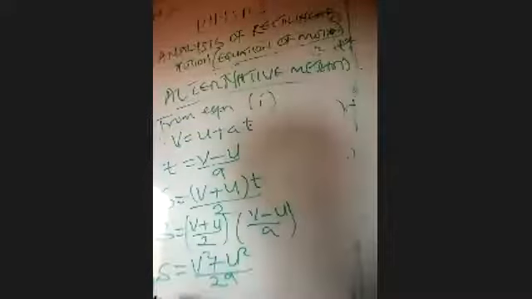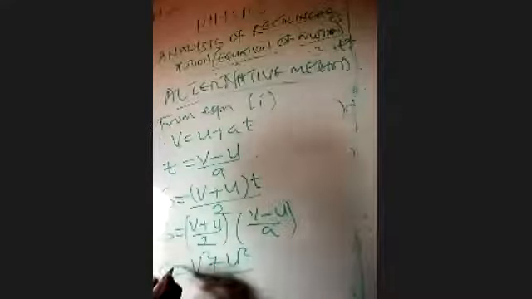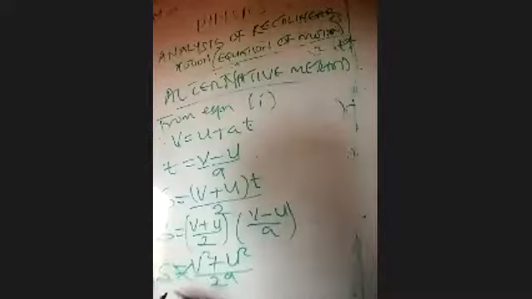Therefore, our s will be equal to, if we multiply this by this, we get v squared, and if we multiply this by this, we get minus u squared. If we multiply this by this, we get 2a. Sorry, this is minus.